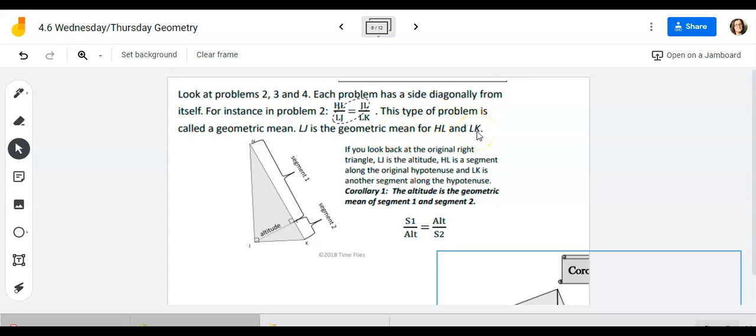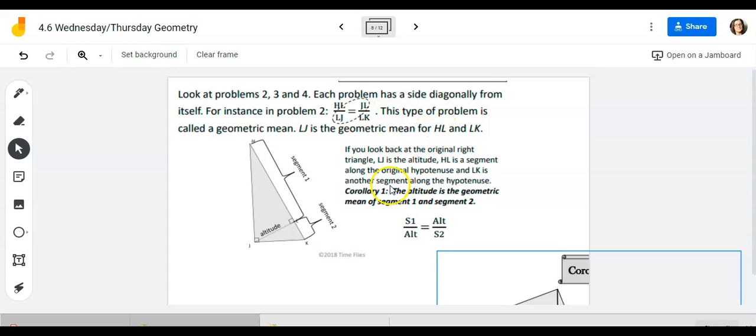So think about at the beginning of class when we were finding the geometric mean of two numbers, we multiplied those two numbers and then we would square root them. Well, that's what would happen here, because when you multiply these two numbers, they are the same thing.